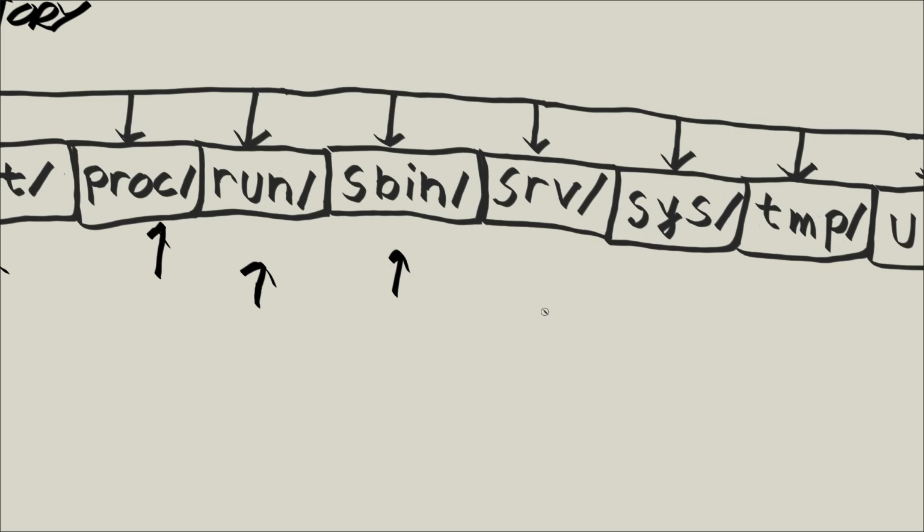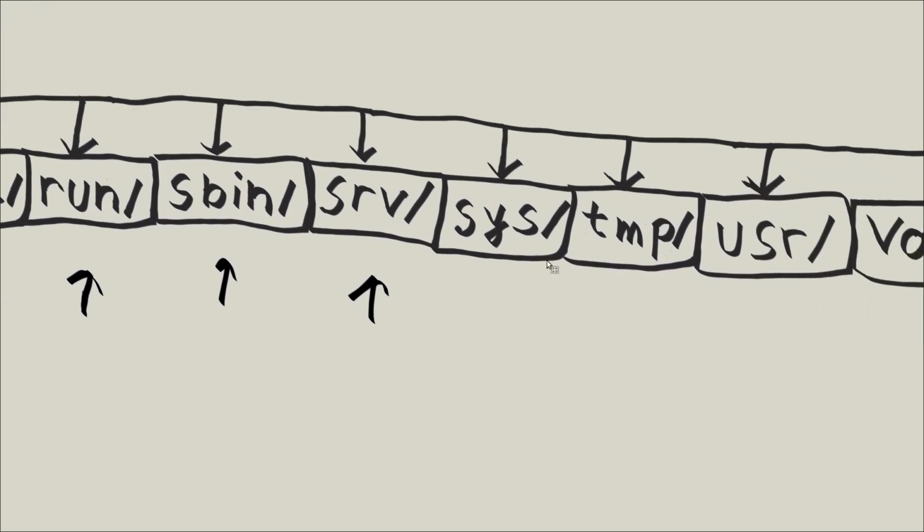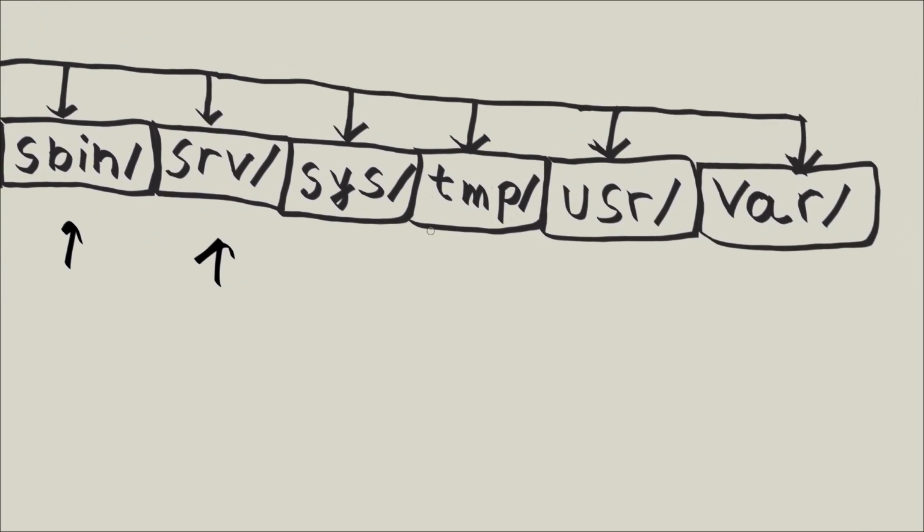Srv's main purpose is so that users may find the location of the data files for a particular service. When I was writing the content for this video, I took a quote I found on the internet, but basically this contains service-related files. Sys provides a device and system interface, similar to dev, but dev is device files and this is an interface to devices and to the system.